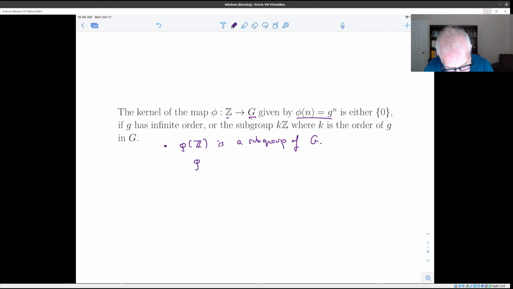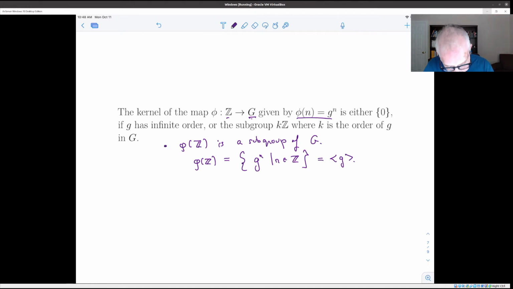Well, phi of Z consists of the set of g to the n for n in Z. This is a group we've studied a lot. It's the cyclic subgroup generated by g. So the image of Z under the map phi is the cyclic subgroup generated by g.